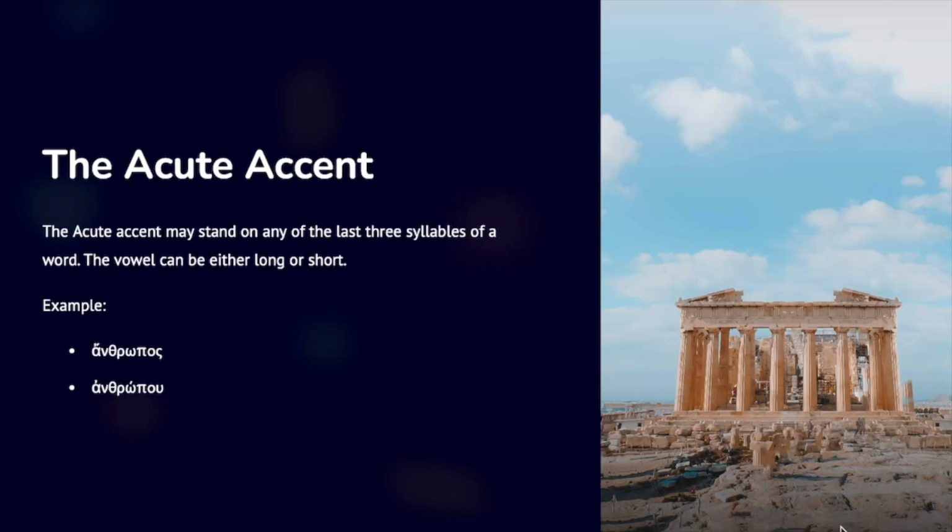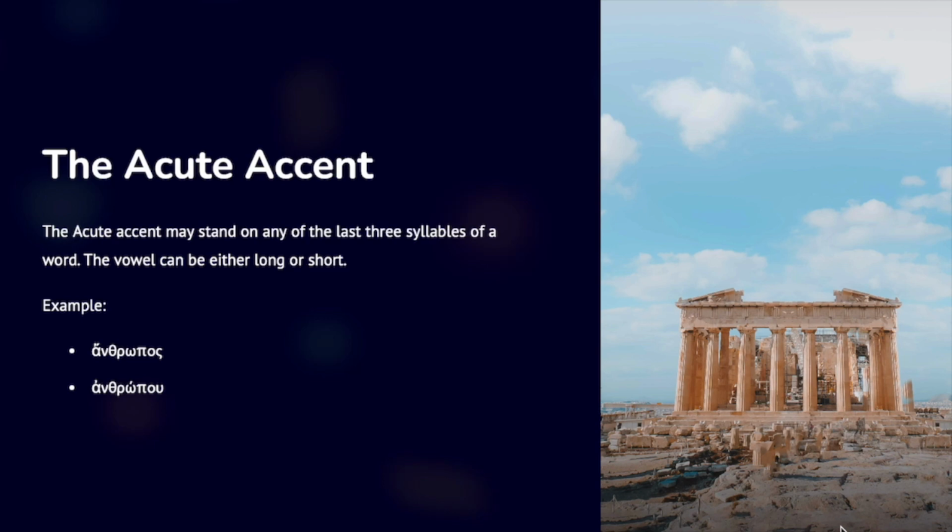Now, let's just talk about the acute accent for a moment. Acutes can be placed over long or short vowels, and they can appear over the ultima, the penult, or the antepenult. So they can occur over 1, 2, or 3, any of the last 3 syllables. But here's the twist.